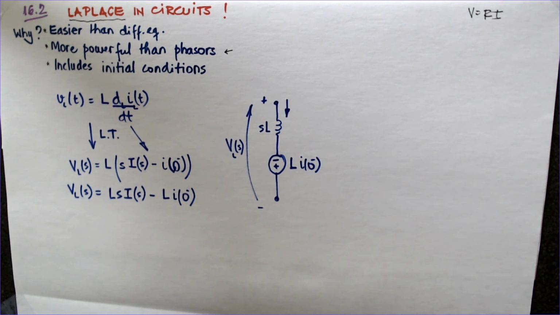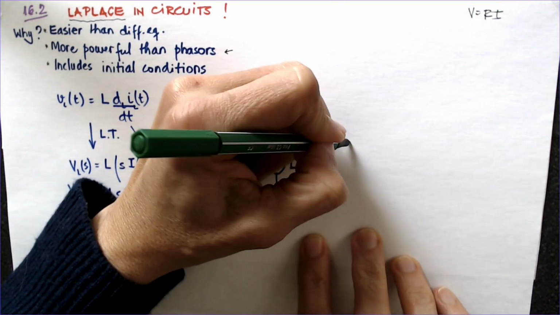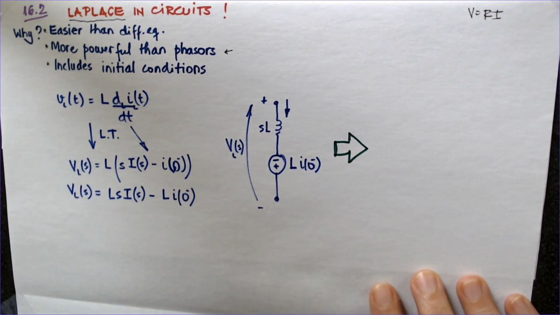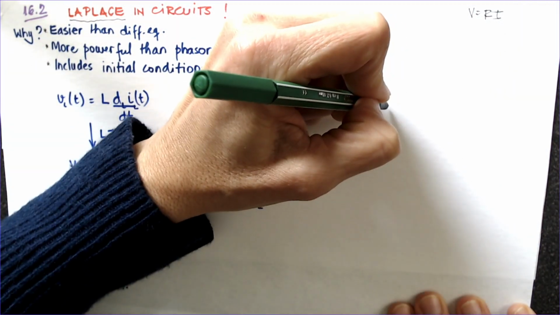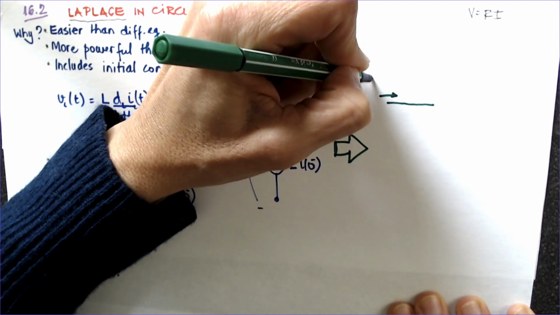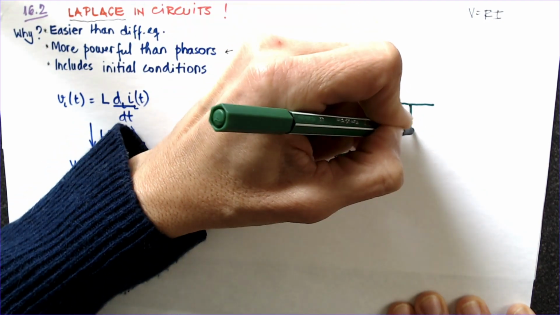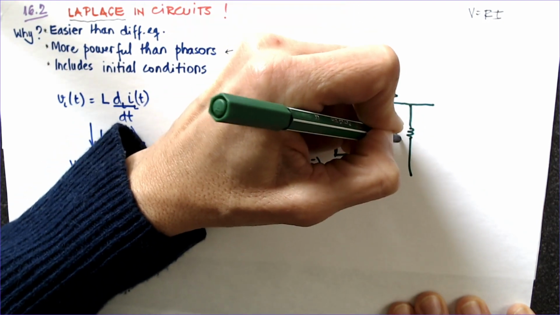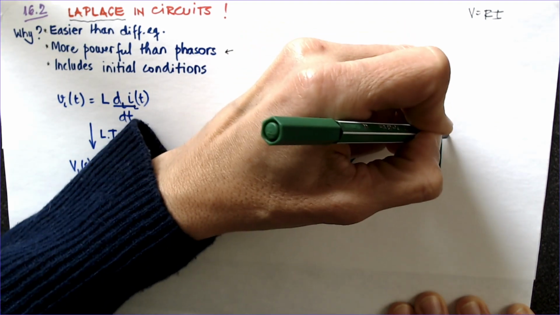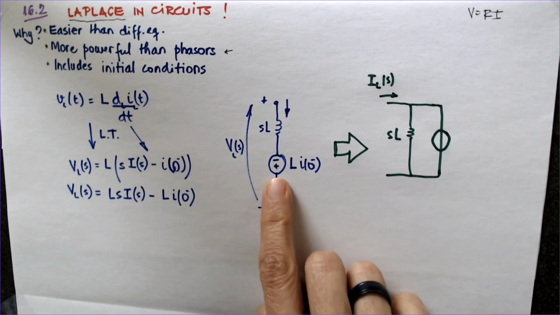We can now do, for example, the source transformation of this circuit into an inductor in series with a current supply. When we do the source transformation, we're going to use the same method as we did in 285 and as in the phasors in 286. We're going to assume there is a current through that circuit.